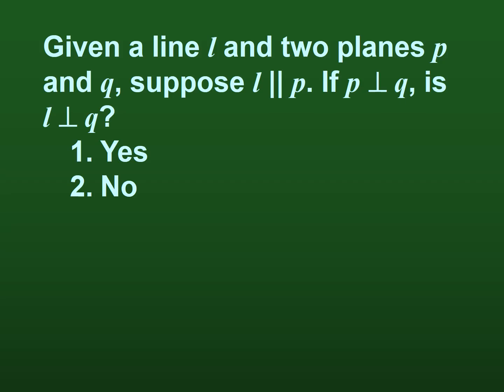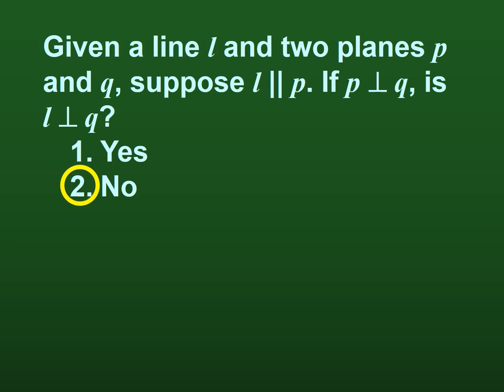All right, next question. Given a line L and two planes P and Q, suppose that line L is parallel to plane P. And if plane P is perpendicular to plane Q, is line L perpendicular to plane Q?